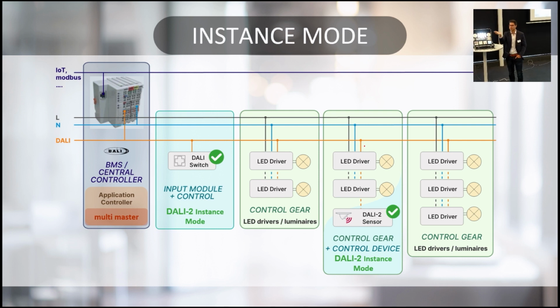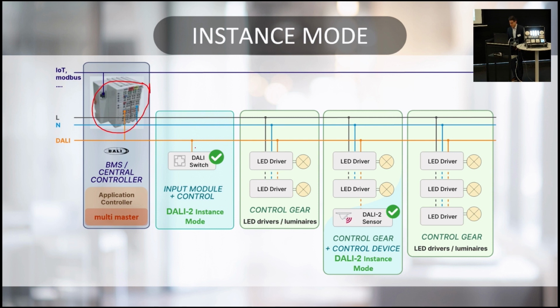For example, a Wago BMS controller, a big BMS controller. This controller needs information from input devices, and these devices can be set up in this instance mode. There's a Wago controller, a unit which is handling all the processes and all the intelligence, handling all the stuff.